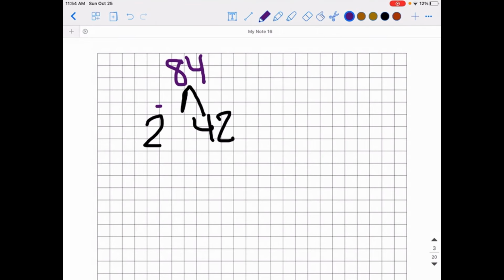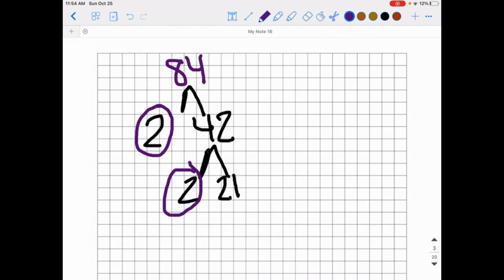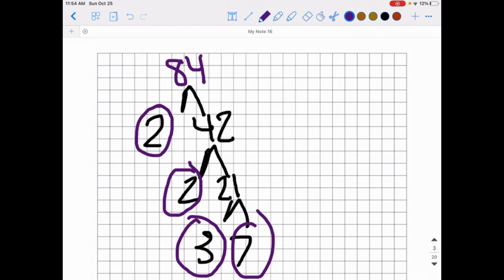Again, 2 is a prime number, meaning it cannot be broken any further. So circle that. Let's see, 42. I'm going to use 2 again, and 21. And circle 2, because it cannot be broken any further. And this I'll do 3 and 7. I cannot break either one of them any further, so I would circle both of them.